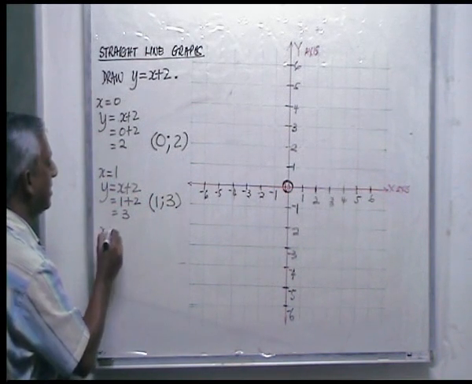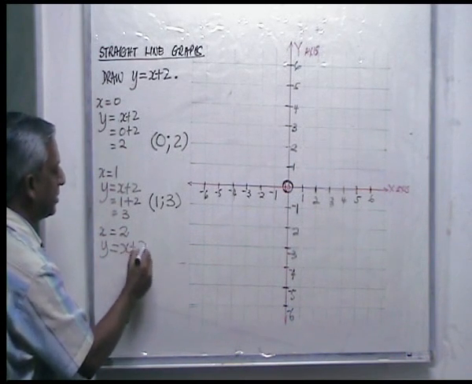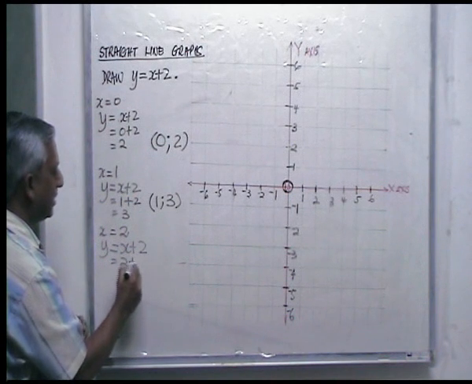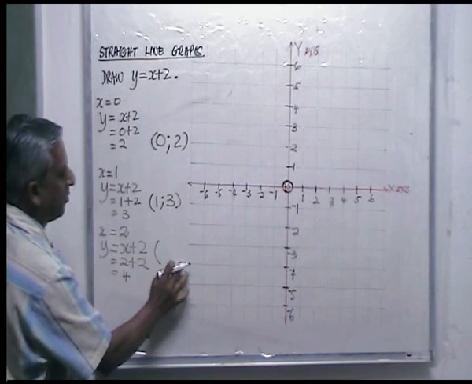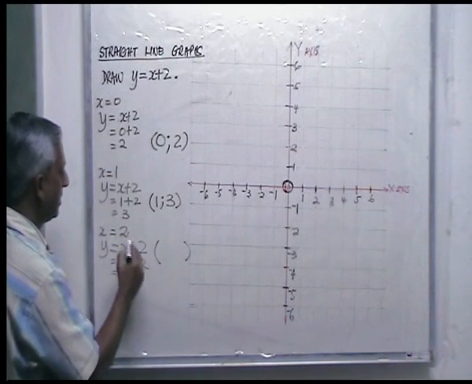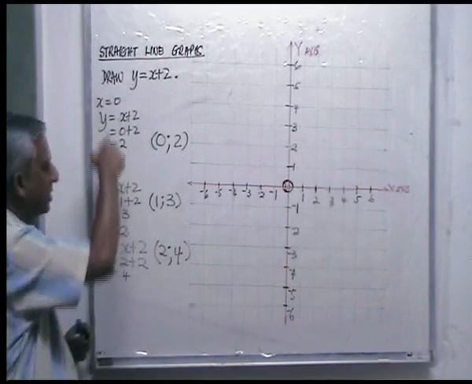And finally you will say, right, let x equal to 2. So y is equal to x plus 2, 2 plus 2, and that's 4. So your third ordered pair is 2, 4. Now, that was step 1.